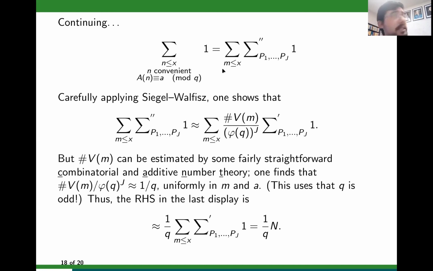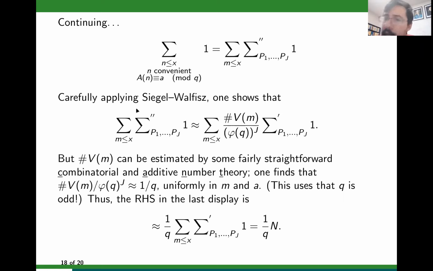Okay, so the top of this slide is just what was already there. And now here is actually the meat of the argument. The Siegel-Walfisz theorem says that past y, primes are essentially equidistributed modulo q. And all of the p1 through pj are primes past y.